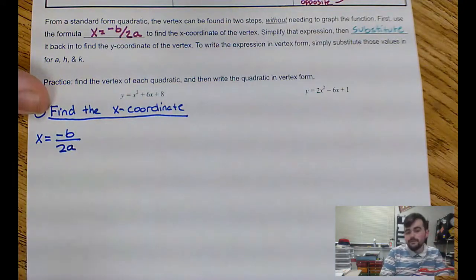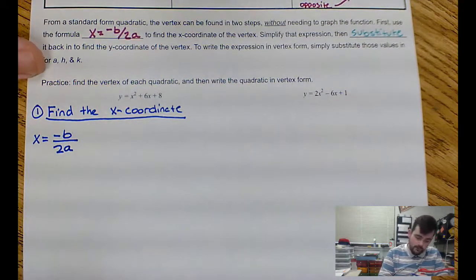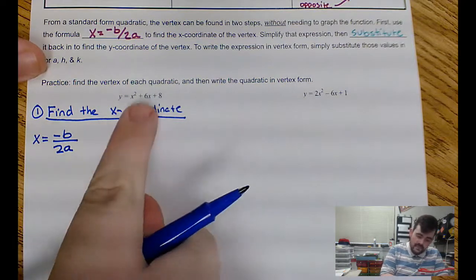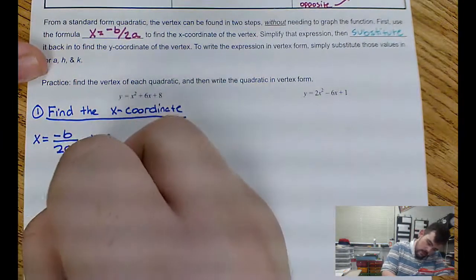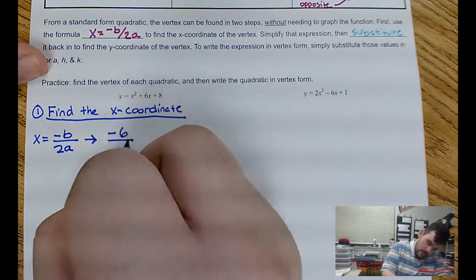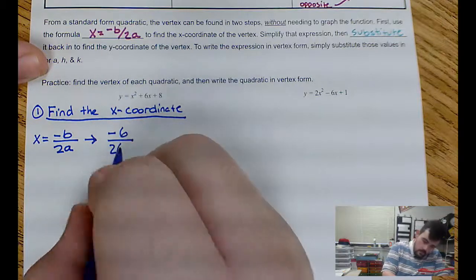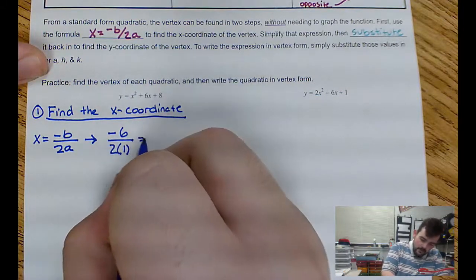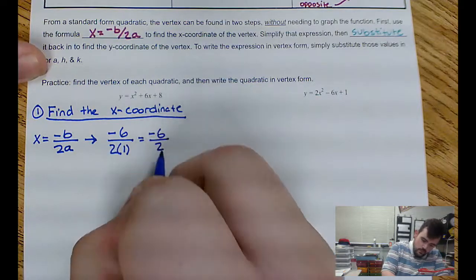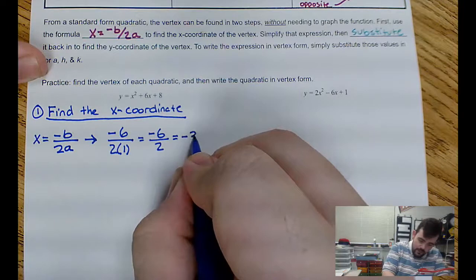I'm going to say negative b over 2a a lot of times during the rest of this video. Okay? So, what is b? It's 6. So, plug in the correct numbers, negative 6 over 2 times a, which is 1. Multiply that on the bottom to get negative 6 over 2, and then divide that to get negative 3.